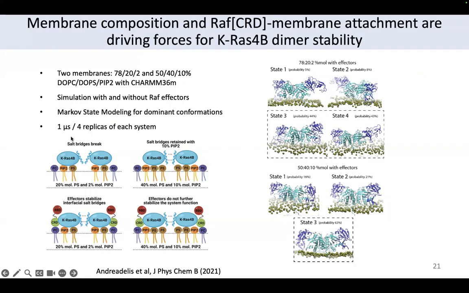So here what we found is that when we place the crystal structure on the membrane in a low PIP2 concentration, then the dimer was dissociating. But when we increase the PIP2 concentration, then this complex is retained, and also that effectors stabilize the complex irrespective of whether we increase or lower the PIP2 concentration.